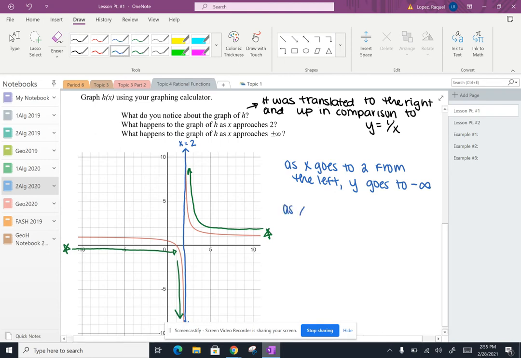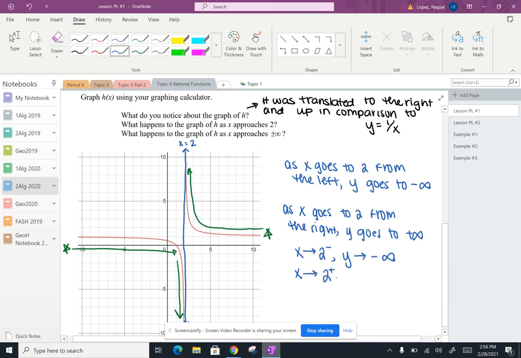So as x goes to 2 from the right, y goes to positive infinity. Symbolically, because you will be asked to do this, we would write x goes to 2, and if we're approaching from the left, we put a little minus sign, then y goes to negative infinity. And as x goes to 2 from the right, approaching from the positive side, y goes to positive infinity. So we've answered this part of the question.